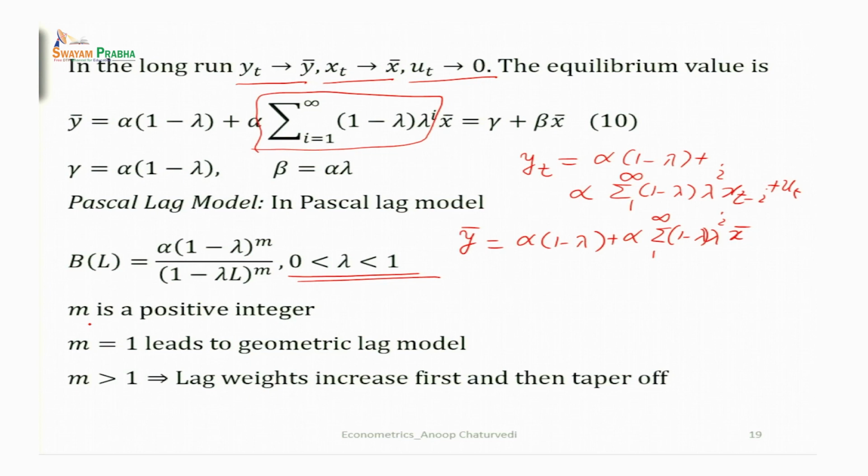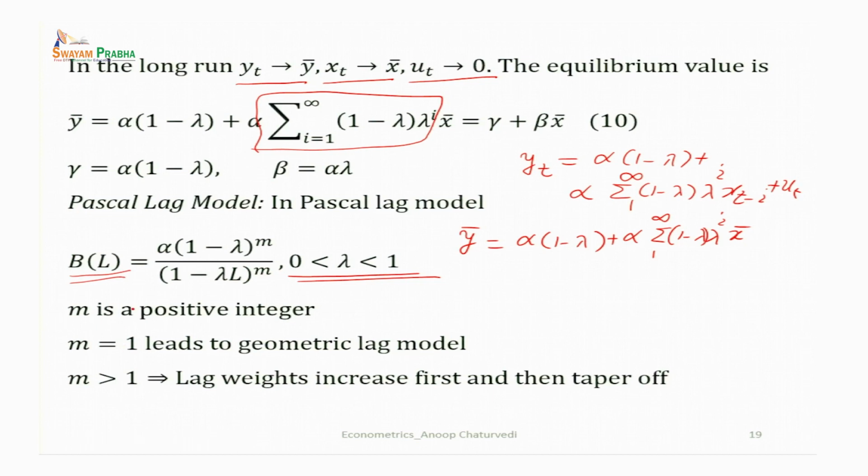So, if you take m equal to 1, then you get the geometric lag model. So, we have just modified the geometric lag model, and instead of 1 minus lambda you have taken (1 minus lambda) to the power m here, and instead of 1 minus lambda L you have taken (1 minus lambda L) to the power m here in the expression for B L.